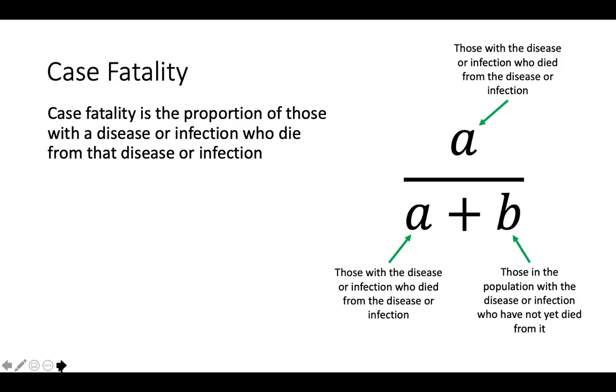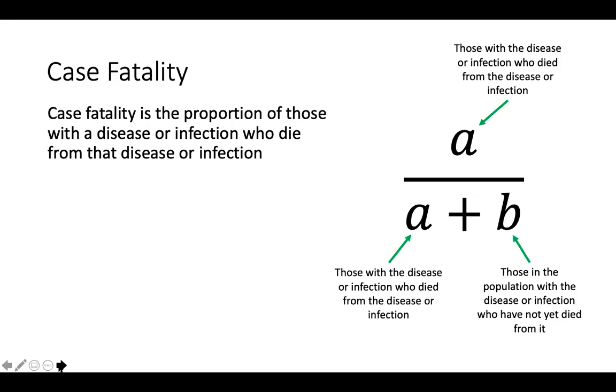Your numerator is those who died from the disease or infection, and in the denominator, you have those with the disease or the infection who died, as well as those with the disease or infection who didn't die. So two things to note: your denominator does not include the entire population. It is only those with the disease or infection. And second, for the numerator, we have to be careful that we only include people who died from the disease.